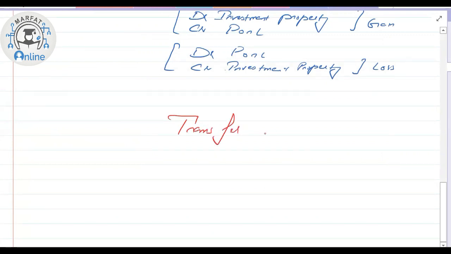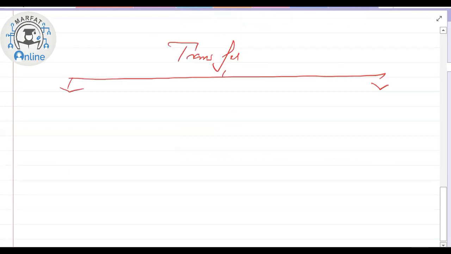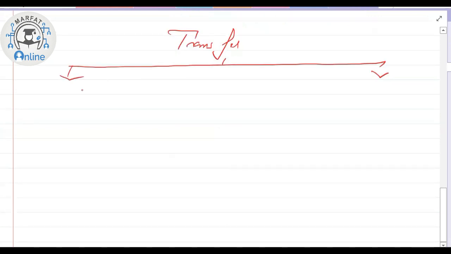Then we have another thing in this standard which is known as transfers. Transfer is from IAS-16 to IAS-40. Say for example you had a building which was used for the office. Now you built a new building and shifted your office over there, and the previous building is given on rent.